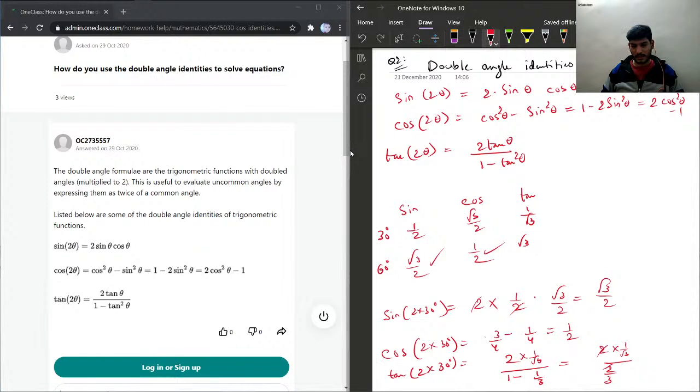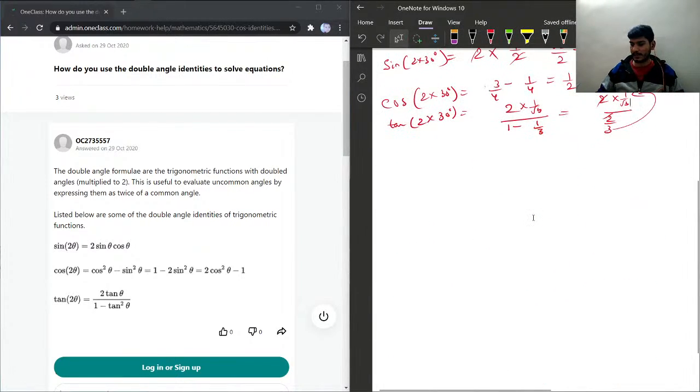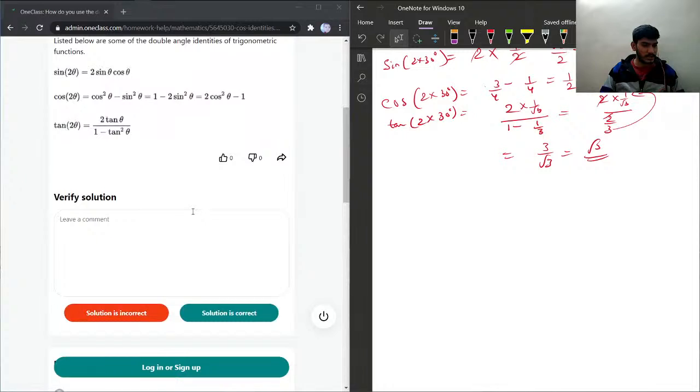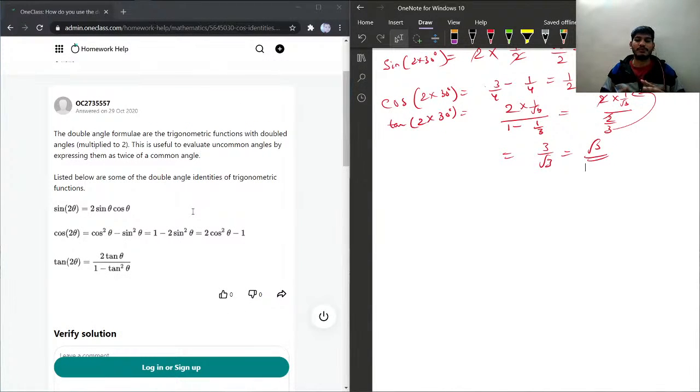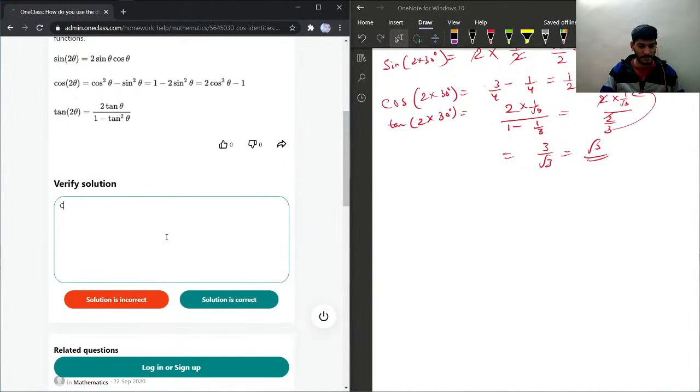This 2 and 2 can get cancelled and this will become 3 over root 3, which is root 3. Okay, so in this manner we can use the double angle identities, and the solution given by Junior Tutor is correct. Correct solution. Good work.